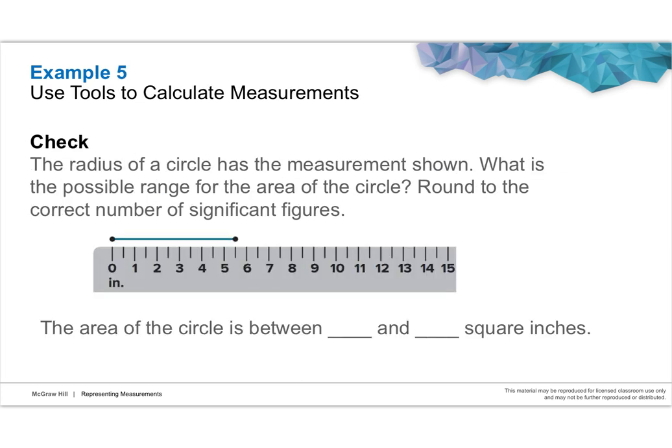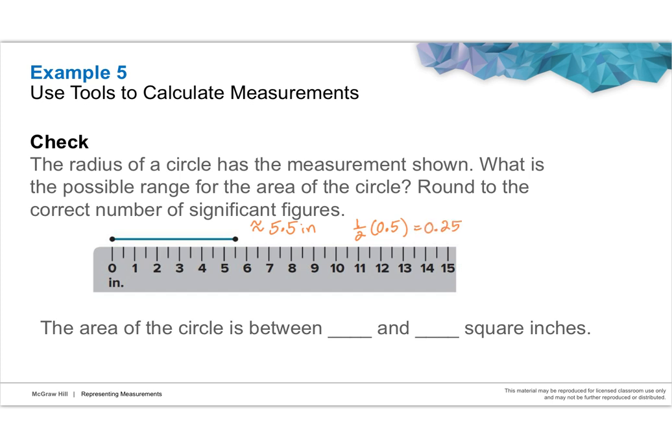In example five's check on page 141, we're looking at an original measurement that appears to be 5.5 inches with a possible error of half of that precision level on either side, which is 1/2 of 0.5, which is 0.25.